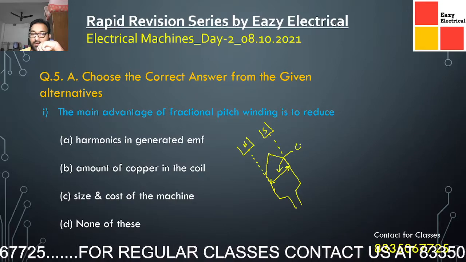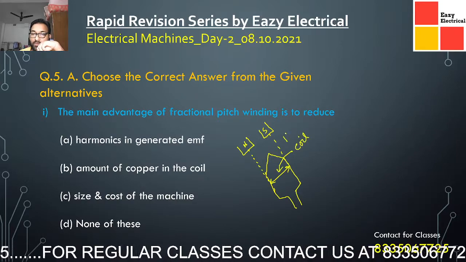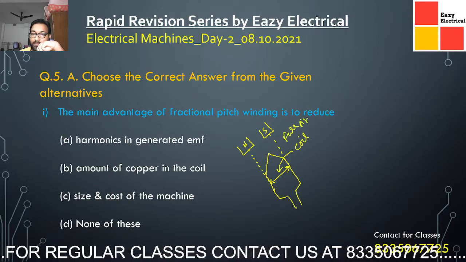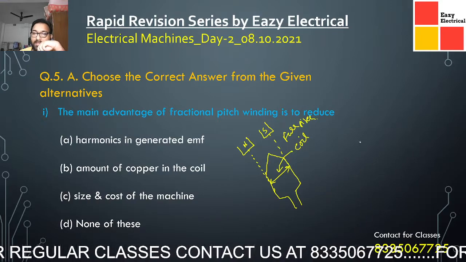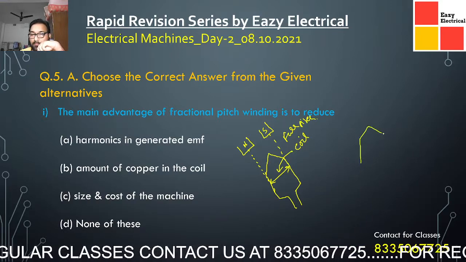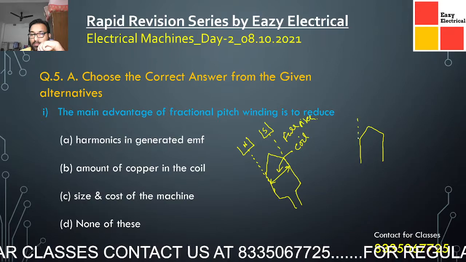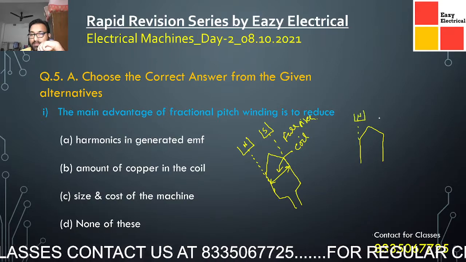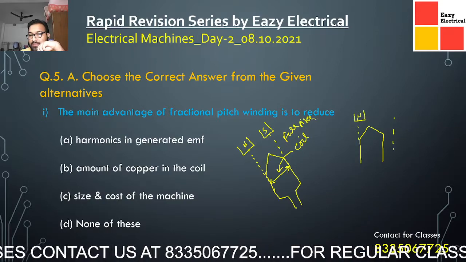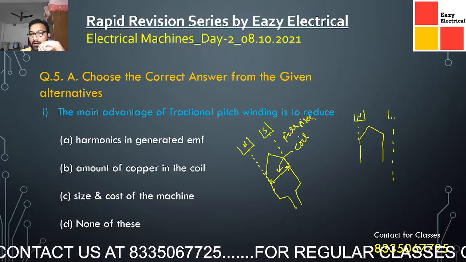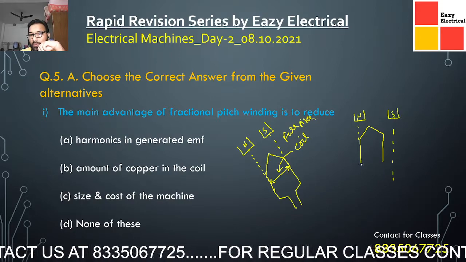This type of coil is called a full pitch coil. Now suppose there is a gap. That means here suppose the north pole is lying, but the south pole is lying a certain distance away from the end of the coil.